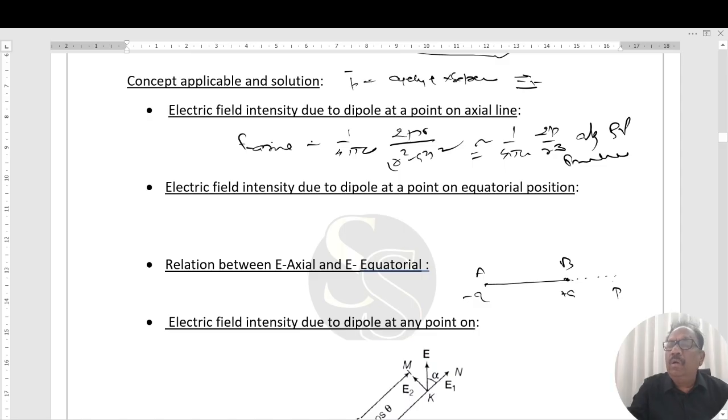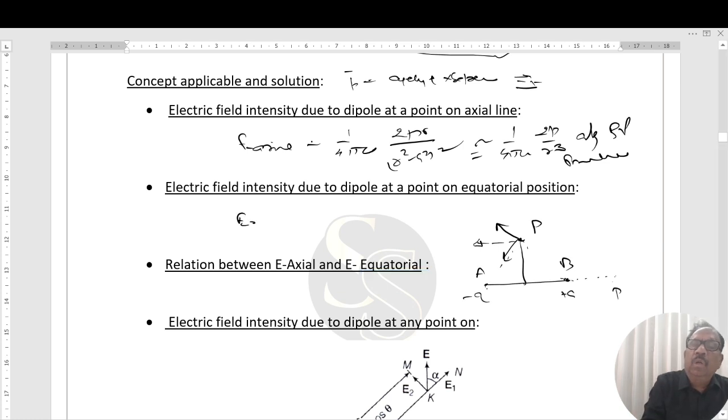Electric field due to dipole at equatorial point. Equatorial point is, suppose the center of this, we take this perpendicular bisector and this point would be the point P. In that case, electric field intensity due to this is away from positive charge towards negative charge. On resolution, we will get along this direction.